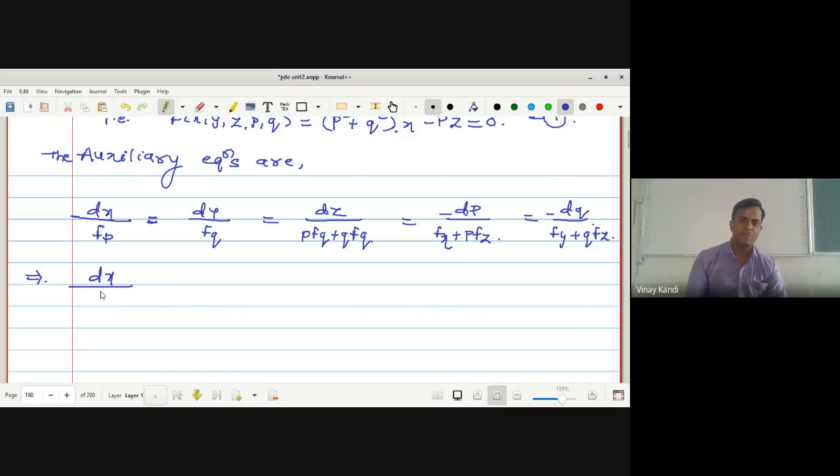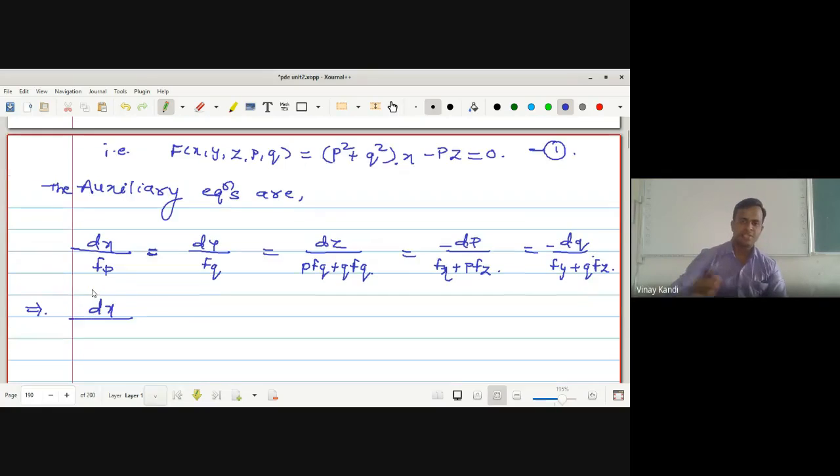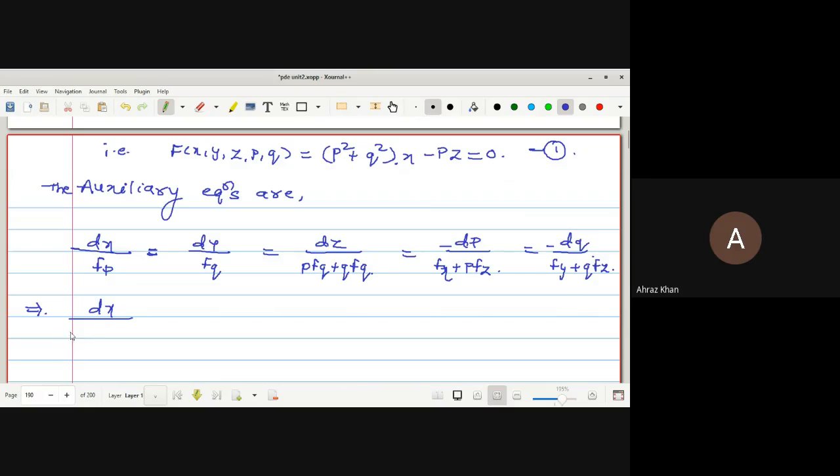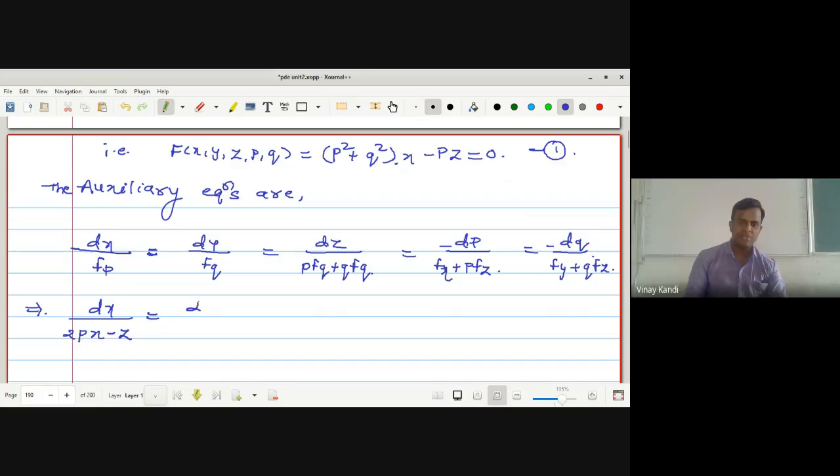Now tell me, what is fp? So 2px − z. Okay, dy upon 2qx.